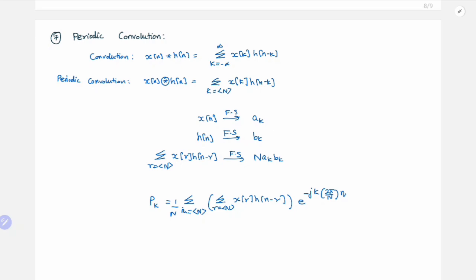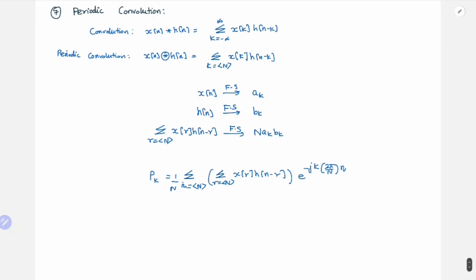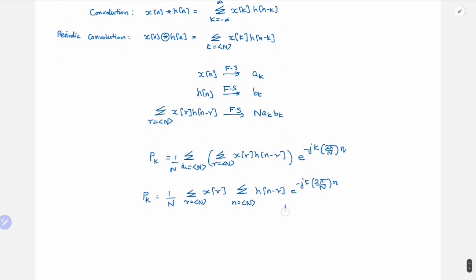So now what I will do, I will first sum over n and then sum over r. So I'll have 1 by N, summation r over N, and x of r I can take out, and then I have summation n equal to N, h of n minus r, e power minus jk into 2 pi over N into n. So I will replace n minus r with some integer m. So n is equal to m plus r.